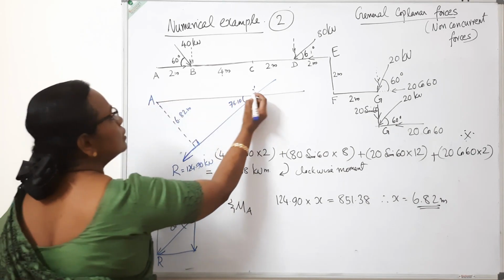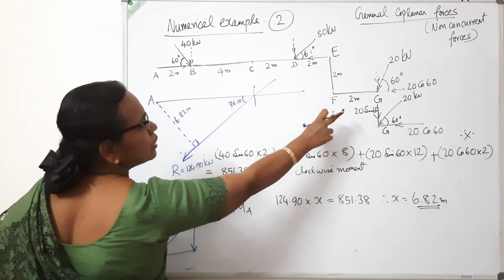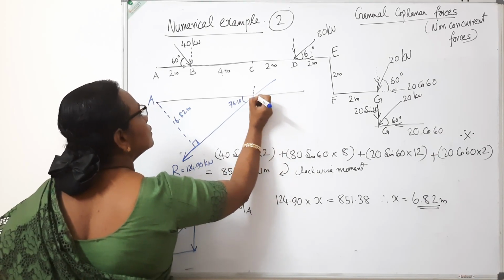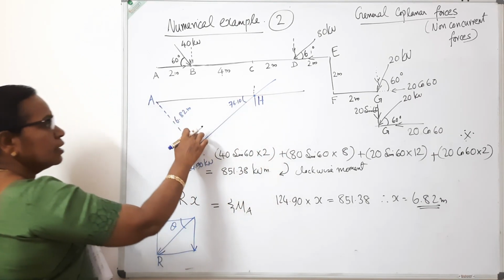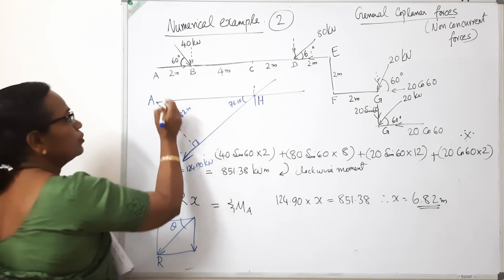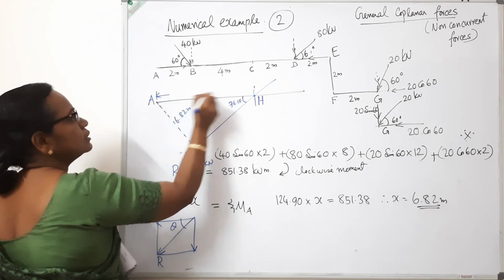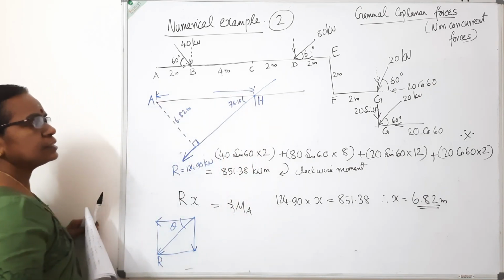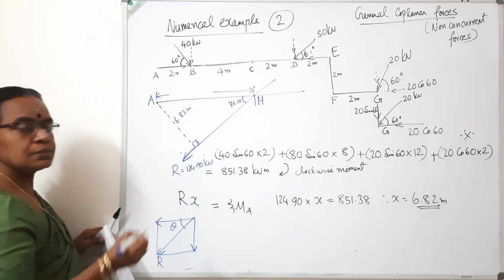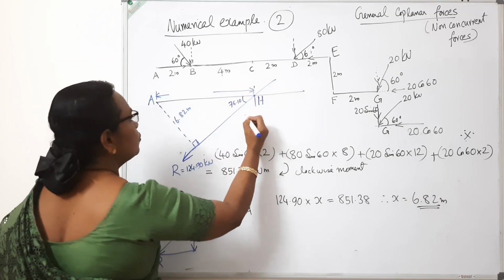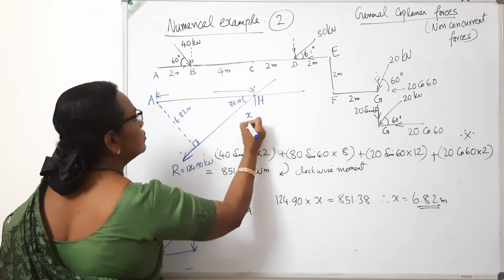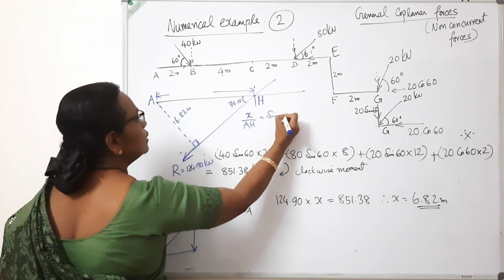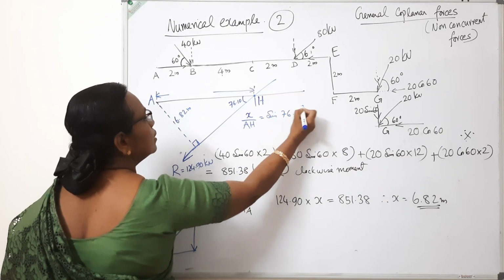Now if you want where it falls, up to letter G has been used, let it be H. This itself is okay if you draw the figure correctly. If we want, we can also find out this distance AH, at what horizontal distance it cuts the horizontal line. So if you want, I can write down X divided by AH is equal to sine 76.1 degree.